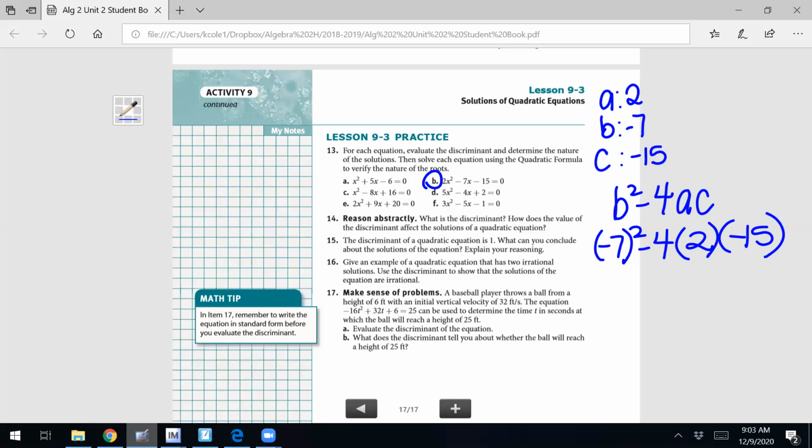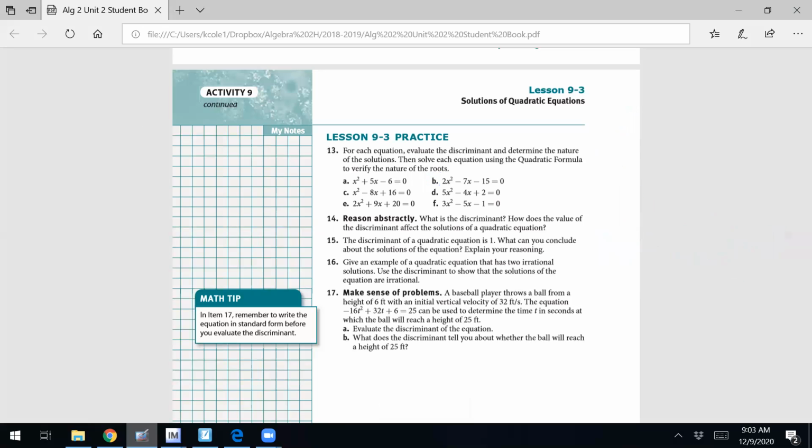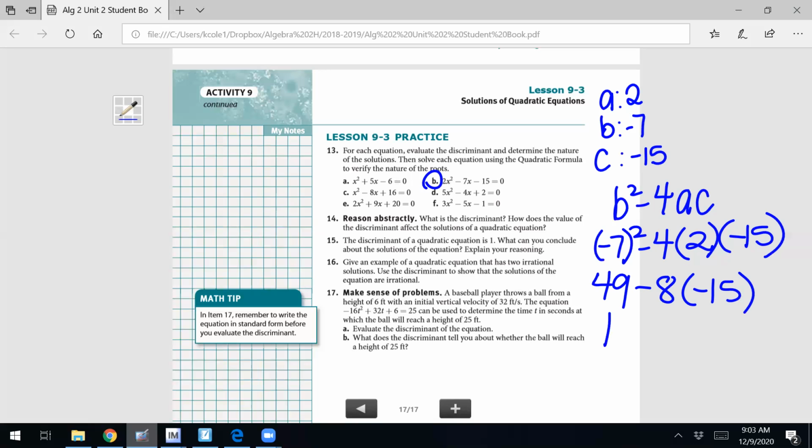Positive. That's going to be negative 4 times 2, which is negative 8. And then I got to do negative 8 times negative 15. I'm going to use a calculator for that. That's 120. So you've got 49, and 120 is positive, so plus 120. So 120 plus 49 is 169, which is positive and a perfect square.